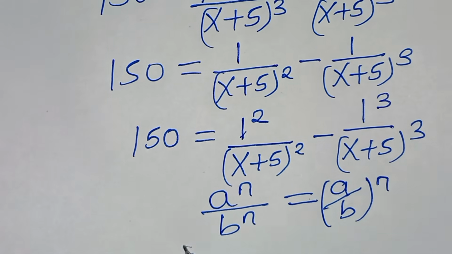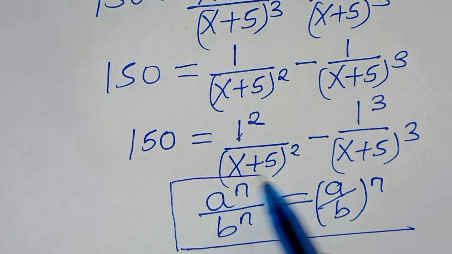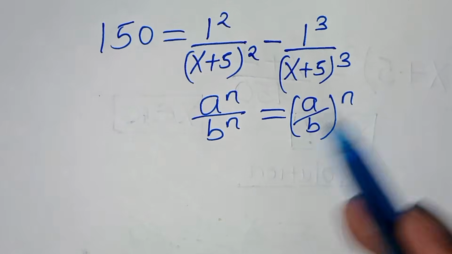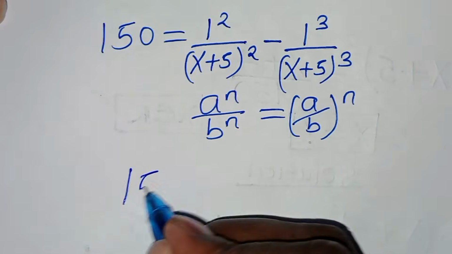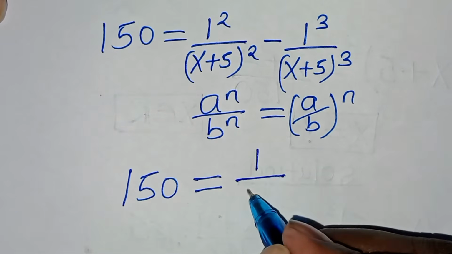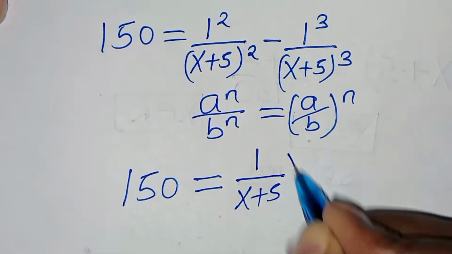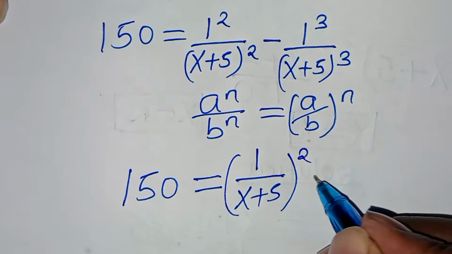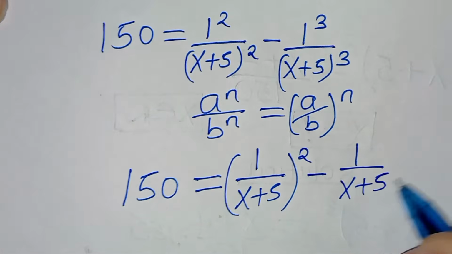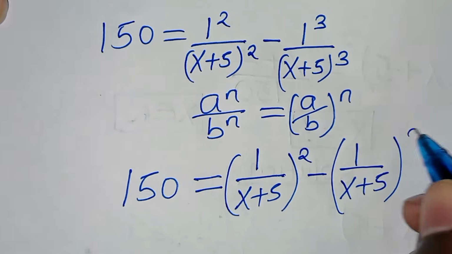Let's apply this exponent property, so that now we have 150 is equal to (1 over (x + 5)) raised to power 2, then subtract (1 over (x + 5)), all this raised to power 3.